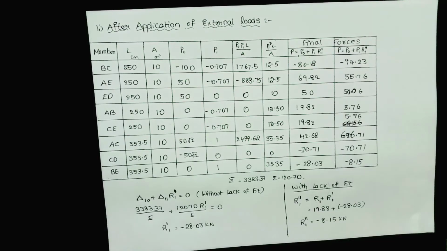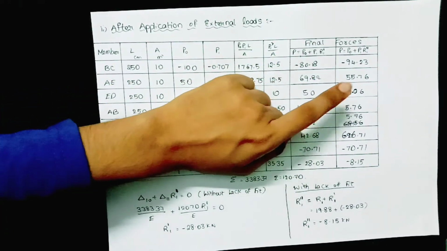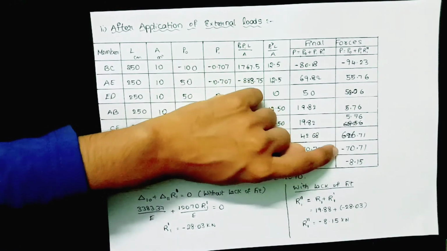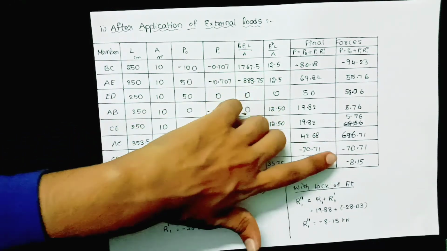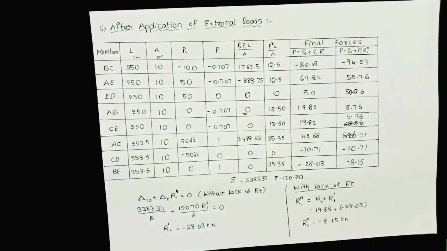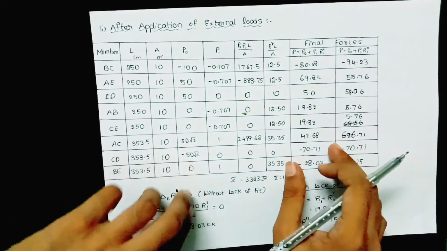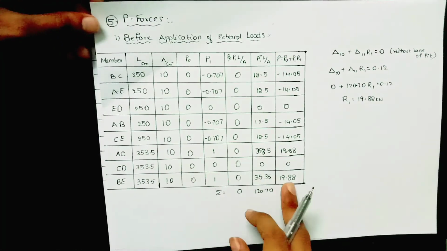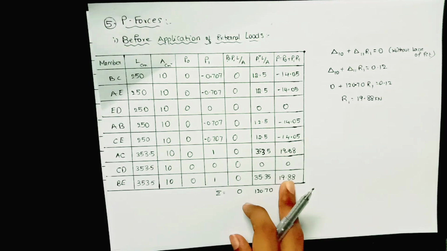So I have calculated all the values for all the members. I have obtained as 50.06, 5.76, 5.76, 62.671, minus 70.71 and minus 8.15. So these forces are without lack of fit and these forces are with lack of fit, and these forces are before the loads are applied.